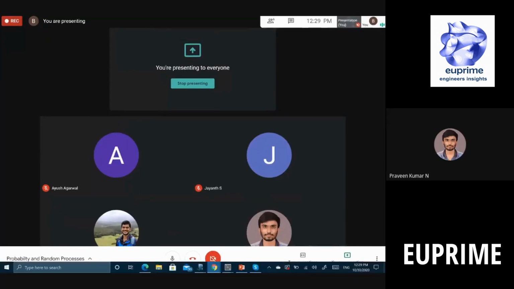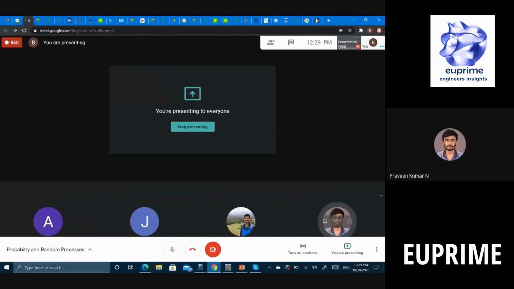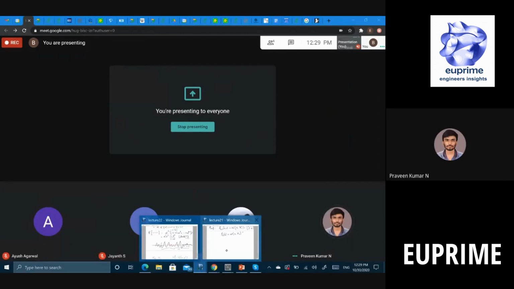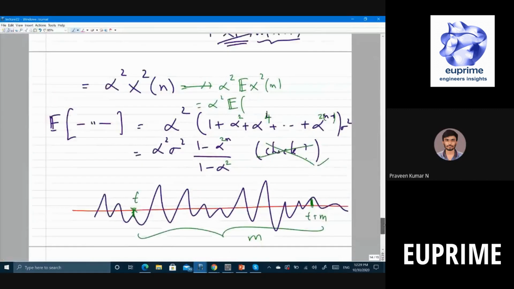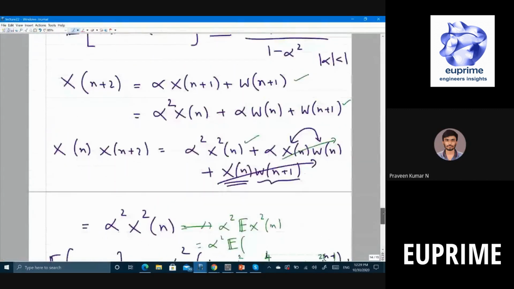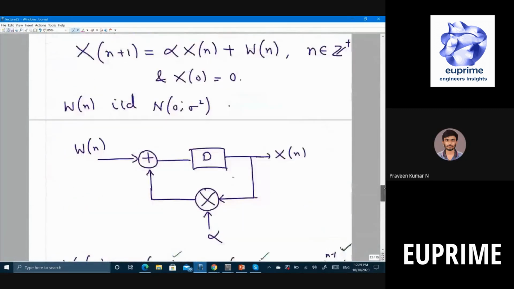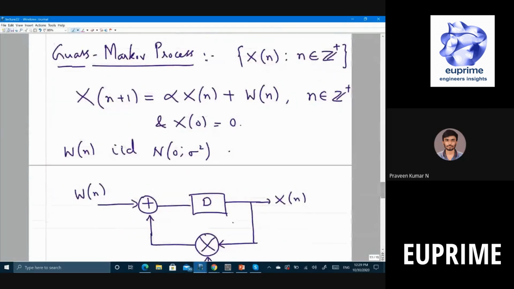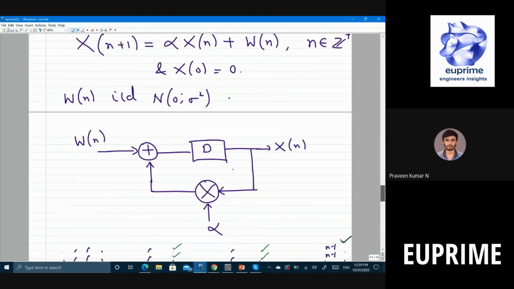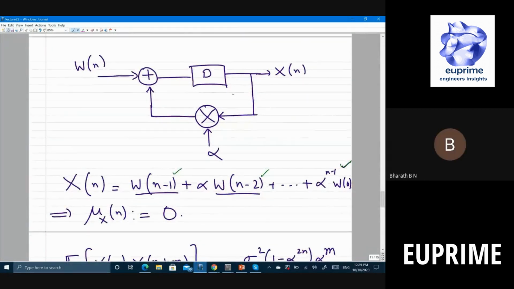Any other question? Sir, can you go to that slide? The x of n, the above. Here, x of n equals w. Correct. Down, sir. Still down. This one. Sir, here we can use the fact that since w of n minus 1 and n minus 2 are independent, we can use the variance of a sum of independent random variables.